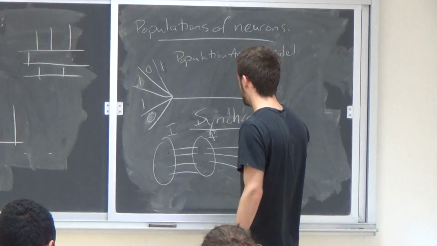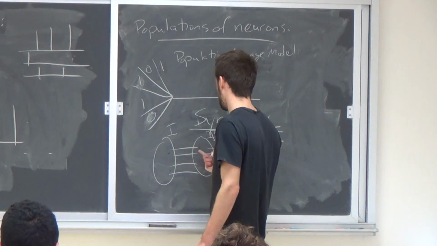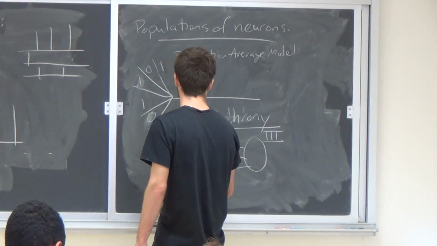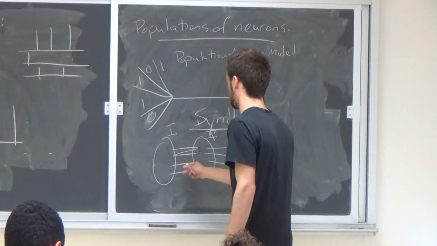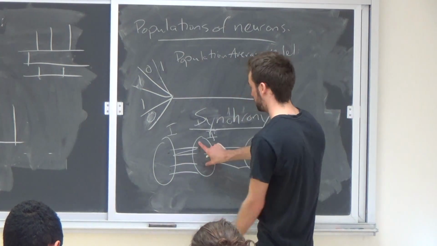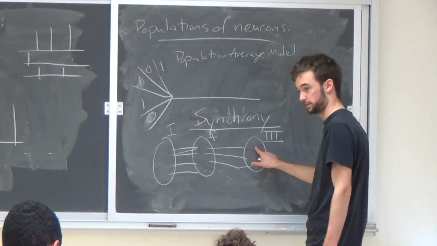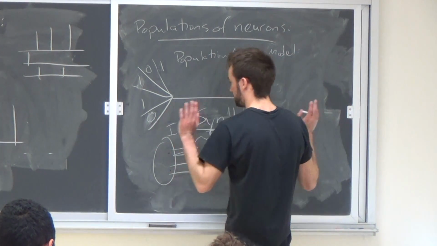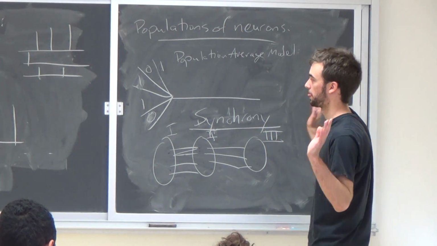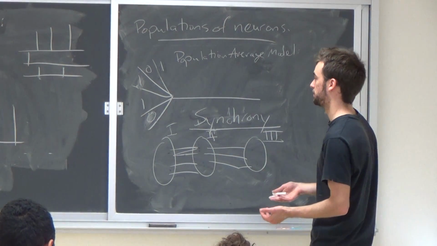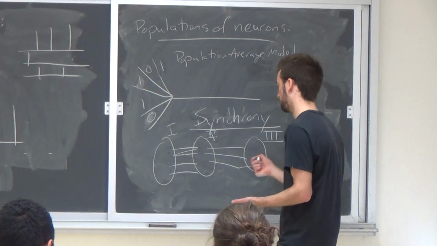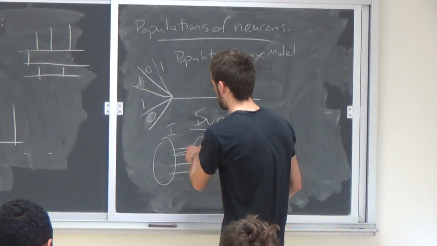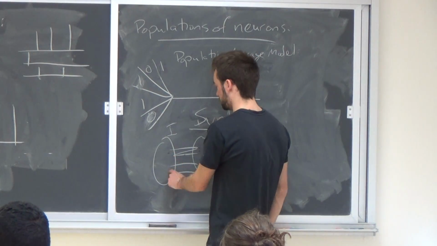And again, they're not connected to just one neuron. These guys are connected to a whole lot of these guys. So one way to send information more reliably and not let the noise get you as badly is to try and synchronize when each one of these guys fires.